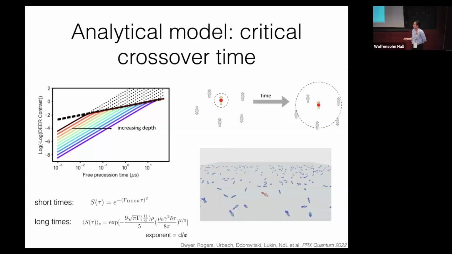So, what do I mean by that? For any given noise bath, what you actually have is a characteristic crossover time, where at very short times, what you have to see is quasi-static noise, because you're far enough away from whatever it is that you're looking at that instantaneously everything looks like quasi-static noise. Basically, you're outside of the bandwidth of the noise bath. So what you should always see at very short times is n equals 2.